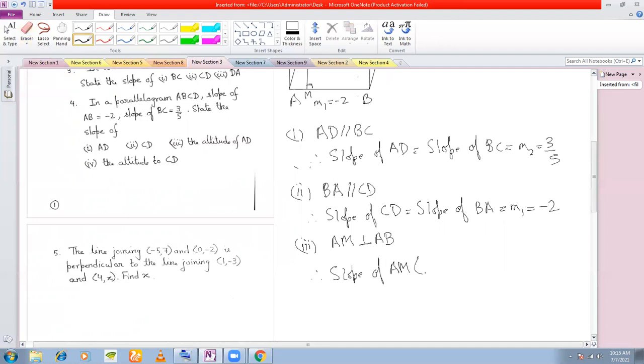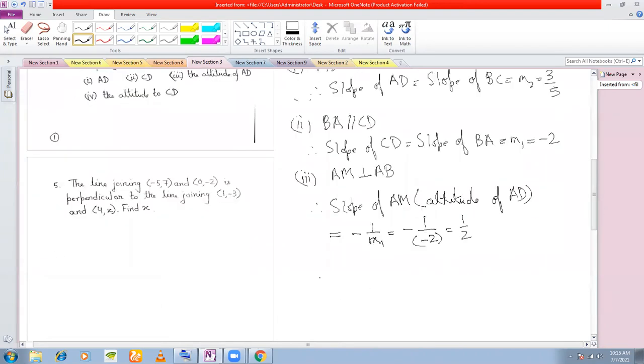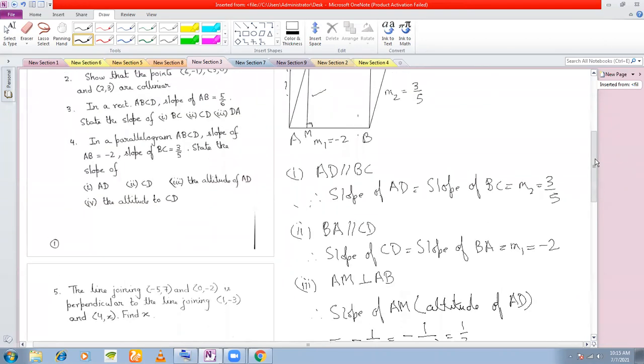And what is AM? Altitude of AD is equal to what should be? What is the slope of AB? -2. So this should be -1 by M1, isn't it? So this should be -1 by -2, which is equal to half. Okay, so this is the slope of AM, or the altitude to AD.